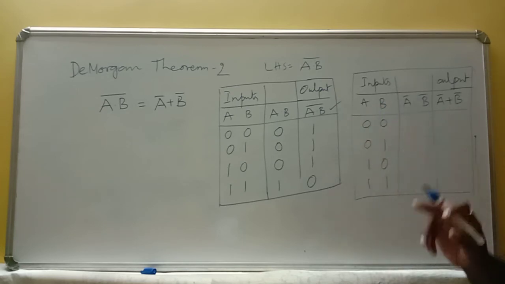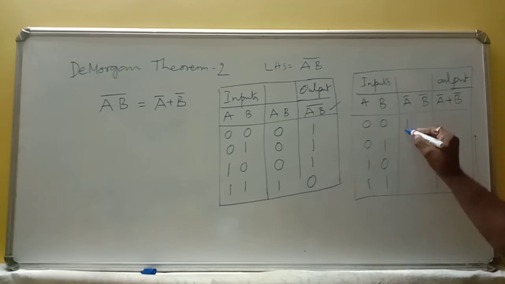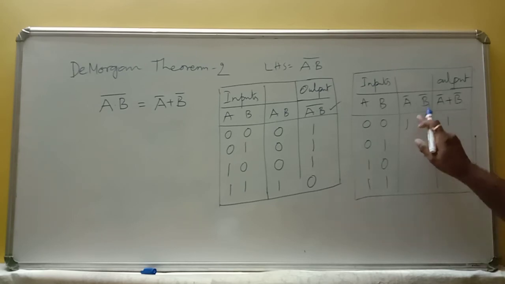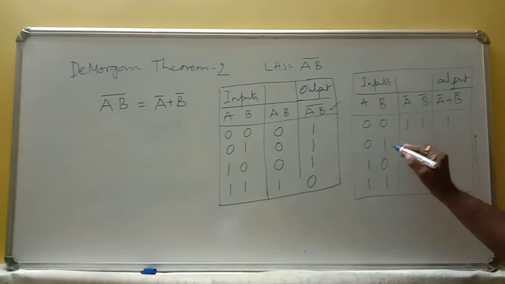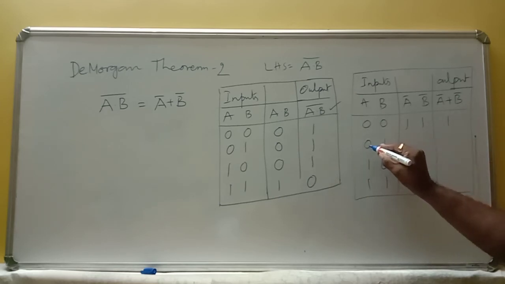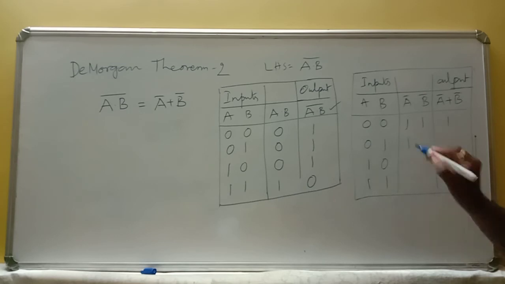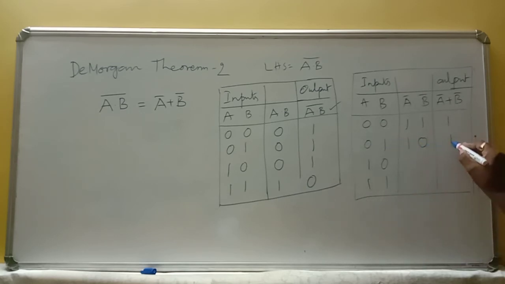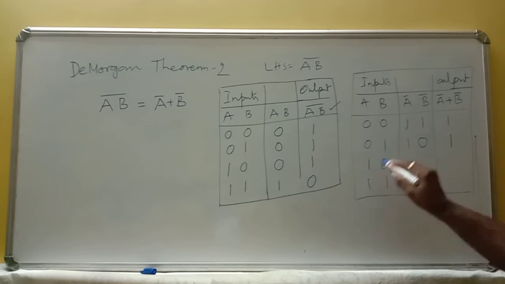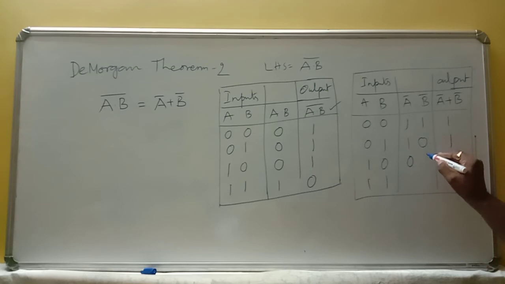if A, B are 0, 0, A bar means 1, B bar means 1, 1 plus 1 is 1. Next, A is 0 so A bar means 1, B is 1 so B bar means 0, 1 plus 0 is 1. Then A is 1, A bar means 0, B is 0, B bar means 1, 0 plus 1 is 1.